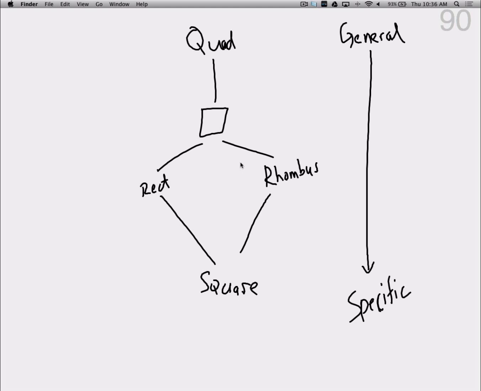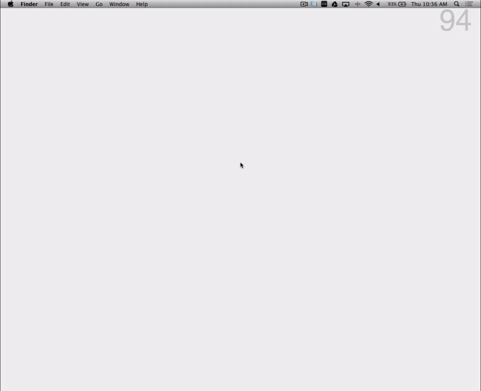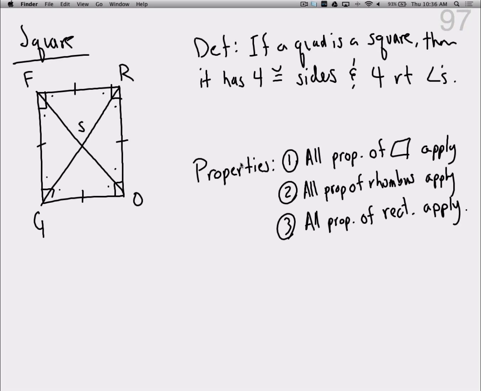Okay? The difficulty for you is going to be remembering all these properties that we've talked about. It's going to happen in two examples. It's going to be, here's a square, go and solve a bunch of stuff about it, so you have to remember all the facts that are true about a square so that you can solve it. Or, here's a general shape, which shape is it? Is it a square, is it a rectangle, is it a rhombus, is it just a parallelogram, or even just a quadrilateral?